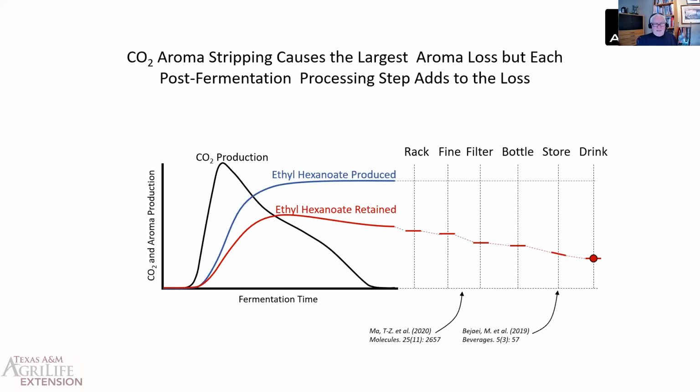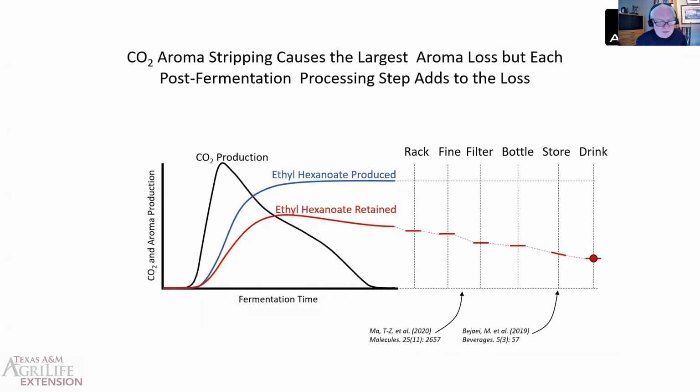This is not meant to be a precise representation of what happens at each step. I just show a steadily decreasing aroma concentration with each step. These decreases from step to step depend on how sloppy the winemaker is.